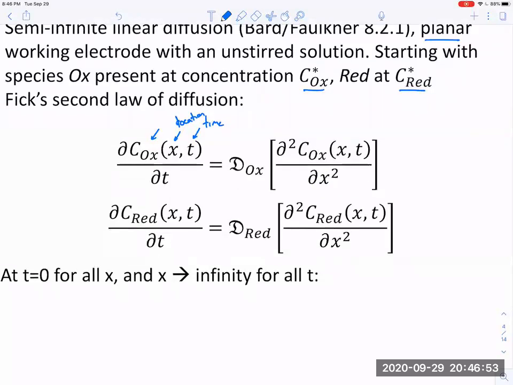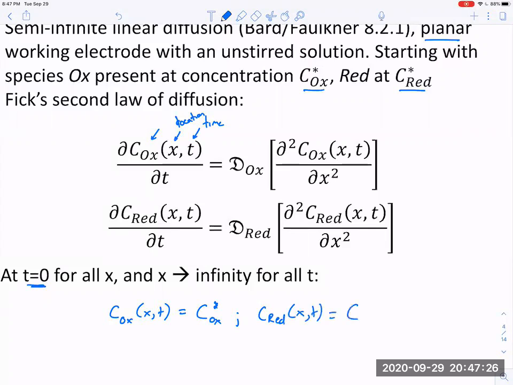For the boundary conditions, at time t equals 0, so when we start the reaction, anywhere in space for all values of x, the concentration of the oxidized species is going to be equal to this bulk concentration. We just say when we start, this is what we're starting with, and the same for the reduced species.